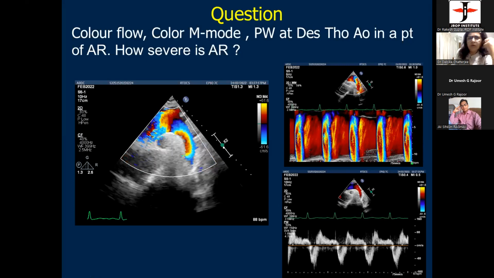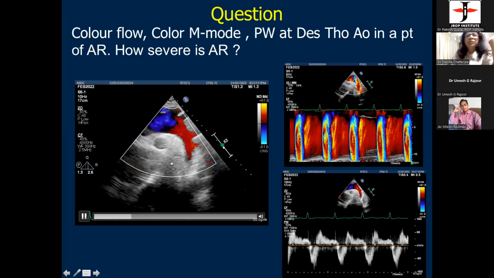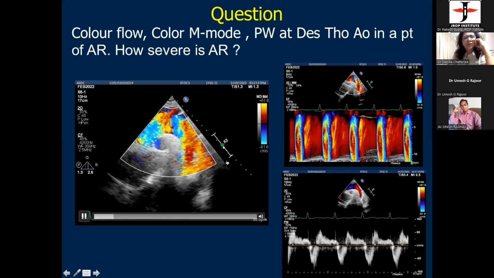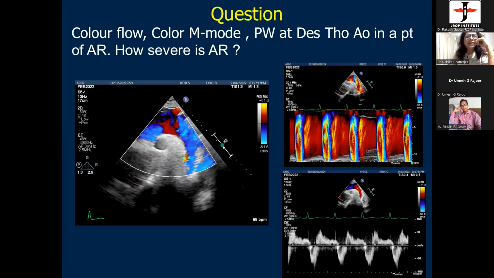So how severe? We will measure the VTI. Now tell me, you said flow reversal in the descending thoracic aorta. Which color is for flow reversal? Why do you say that it's a flow reversal?